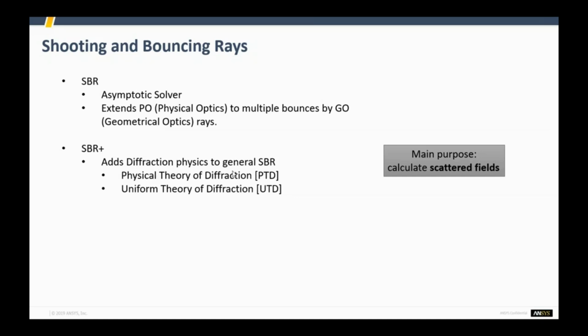It adds diffraction physics to the general SBR. Those two are the physical theory of diffraction, which is PTD, as well as the uniform theory of diffraction, that's the UTD. So the main purpose of this SBR solver is to calculate scattered fields by using shooting and bouncing rays.